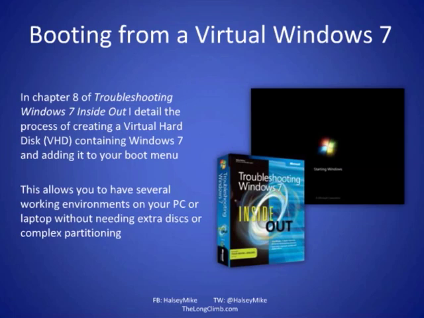Surely if you want to dual boot, you just create 2 partitions, or you have 2 hard disks in your computer, and you install a copy of Windows on each one. So why would you want to? Well, the best reason I can give you is that you may want one of 2 scenarios. Either have a Windows 7 virtual environment that you can boot from that can be repaired very quickly.